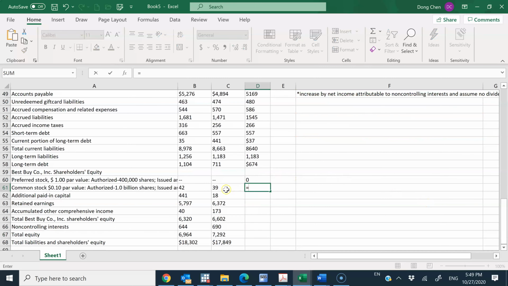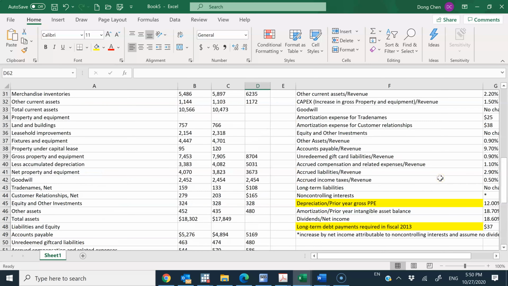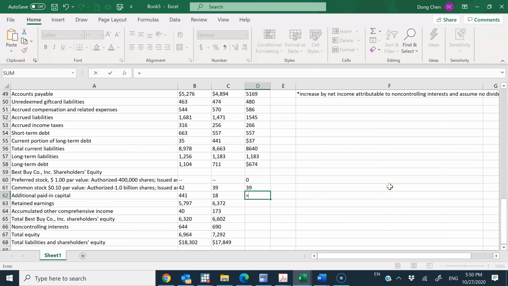So we can also assume this to be the same as last year's, which basically means that the firm doesn't plan to issue any new equity, right? Because remember, any item on the balance sheet refers to the cumulative amount. So being the same means that the firm doesn't plan to sell any new stocks in that particular year. Additional paid-in capital, there's also no such information available on the assumption table, so we can also assume this to be the same as last year's amount.